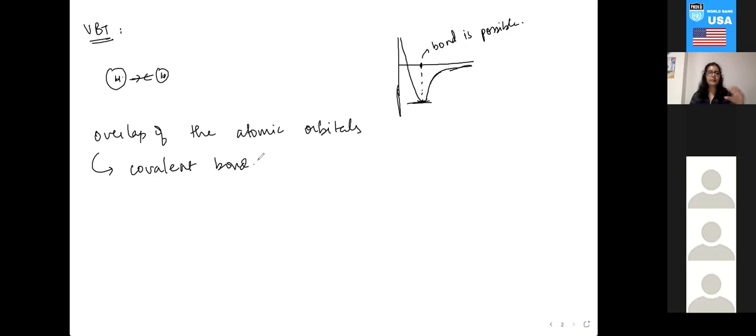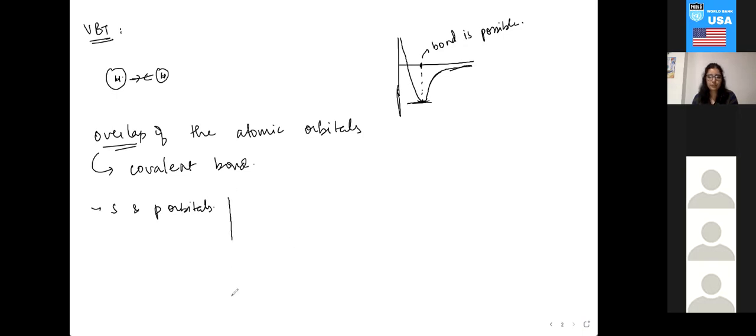A covalent bond is nothing but, let's say, the s orbital of one atom and the s orbital of the other atom, basically electron clouds, right? When those clouds overlap with each other, that's when we say there is a bond being formed between the atoms. So the keyword is overlap. We're just going to look at the simplest cases, which is overlap of s and p orbitals.